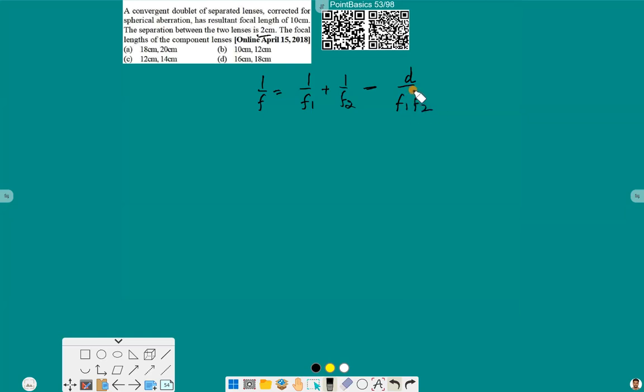Now we will solve it for option A, 18 and 20, and from that we will get 1 by f is equal to 1 by 18 plus 1 by 20, minus their separation 2 by 18 into 20. And if we solve this, we are going to get 1 by f is equal to 1 by 18 plus 1 by 20 minus 1 by 180.